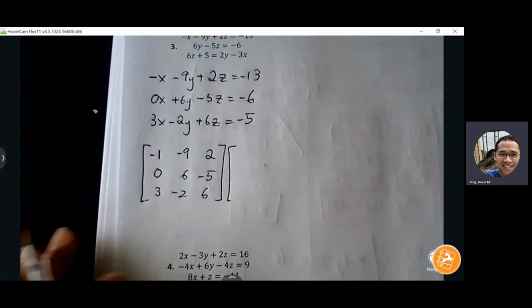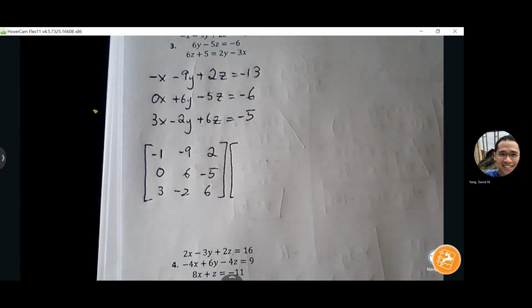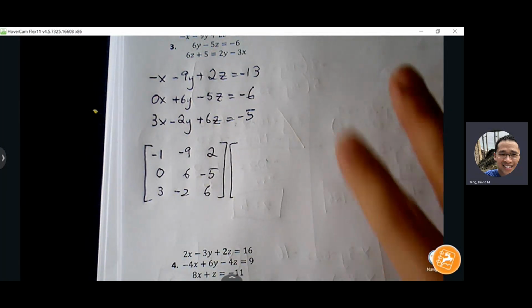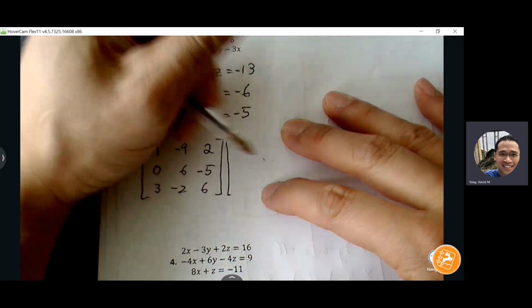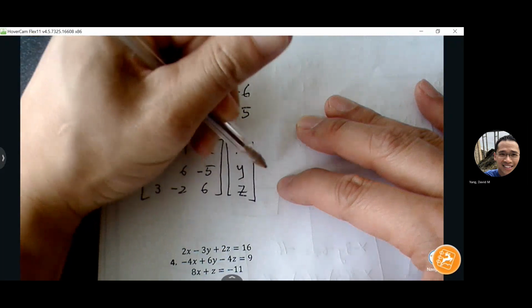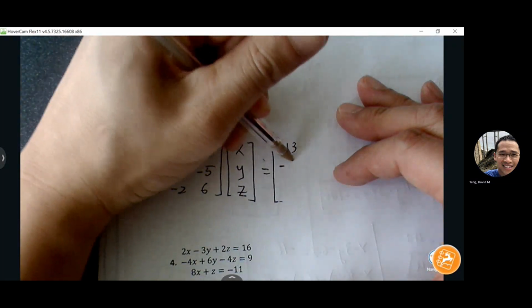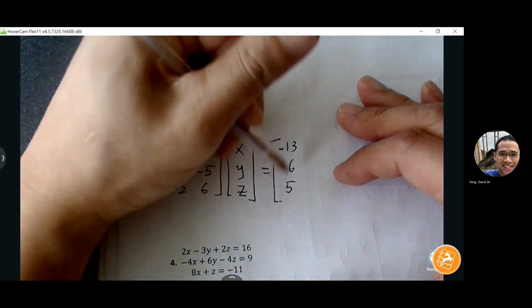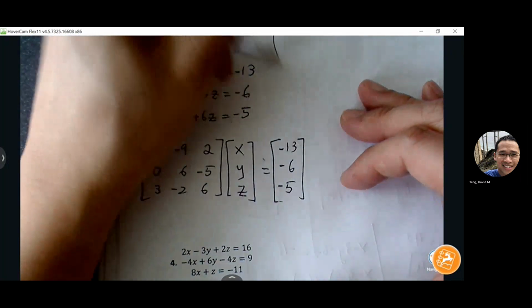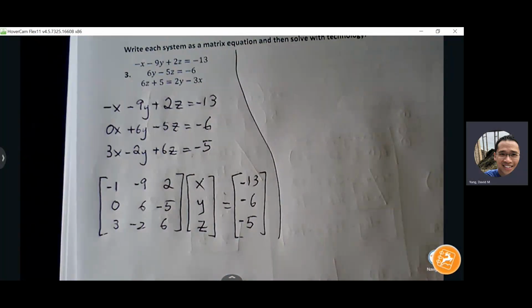Very similar to what we did with the 2x2, a system of equations with only 2 variables, but now we have 3 variables here. So x, y, and z is what we're solving for. And then equals. Okay, any questions with the setup?